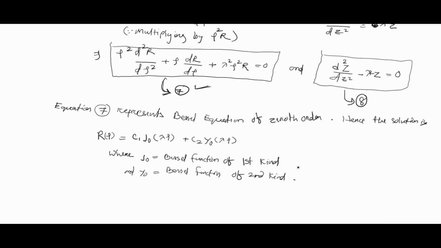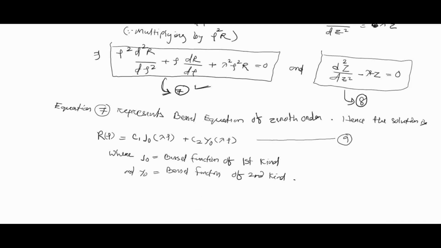They are the Bessel functions of first kind and second kind, respectively, of zeroth order. So we got this one. Let us take this equation as equation number 9.